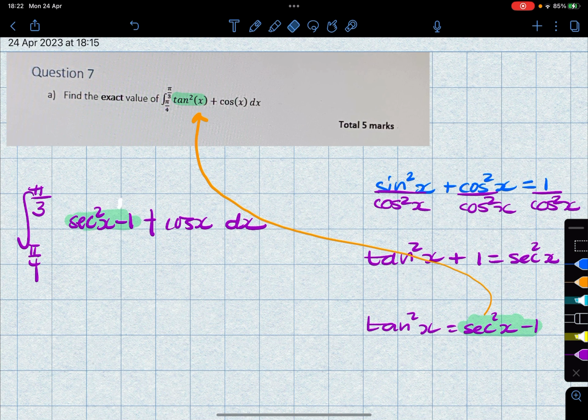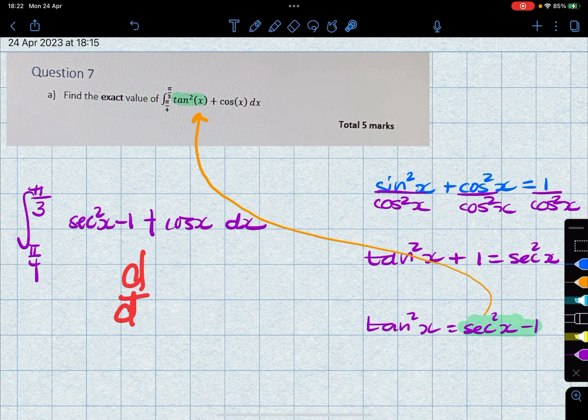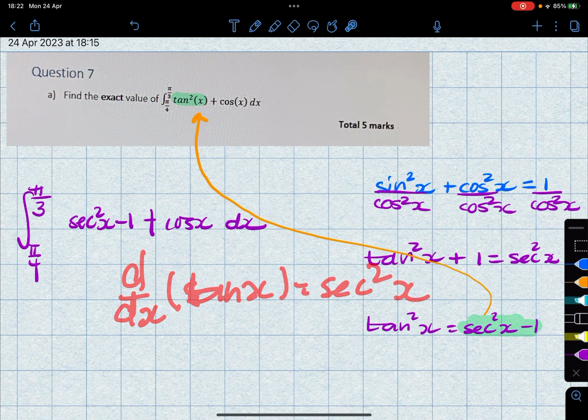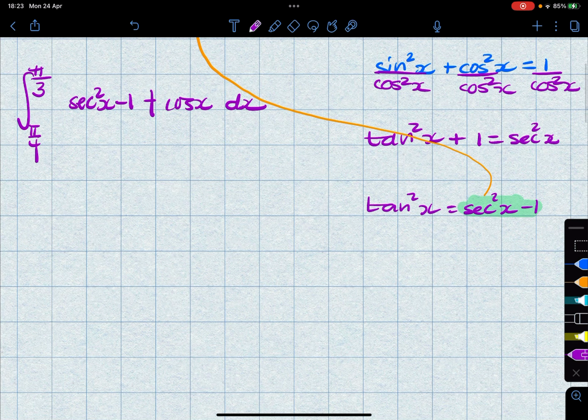Remember that the derivative of tan x is secant squared x. Well, the integral of secant squared x is going to be tan x. So this information is given to you in your formula sheet at the front of the paper.